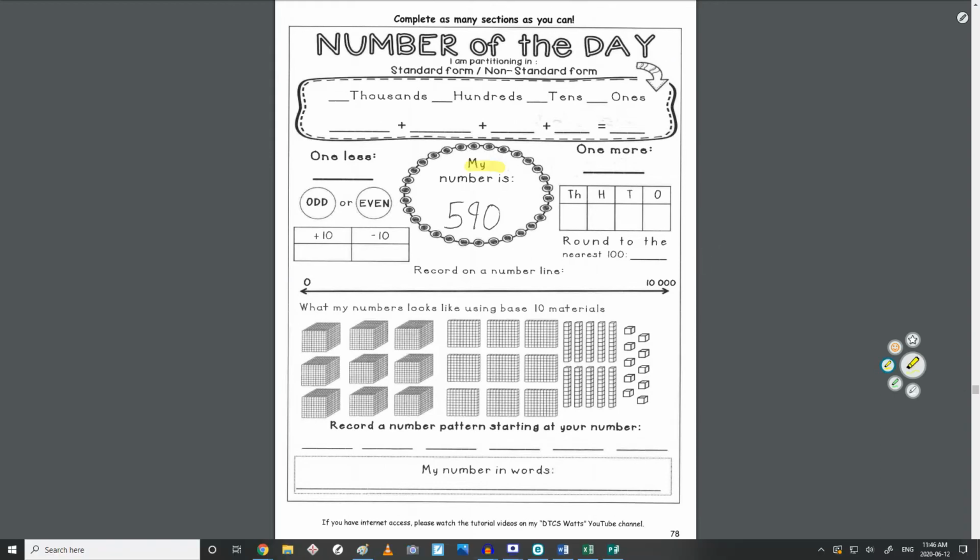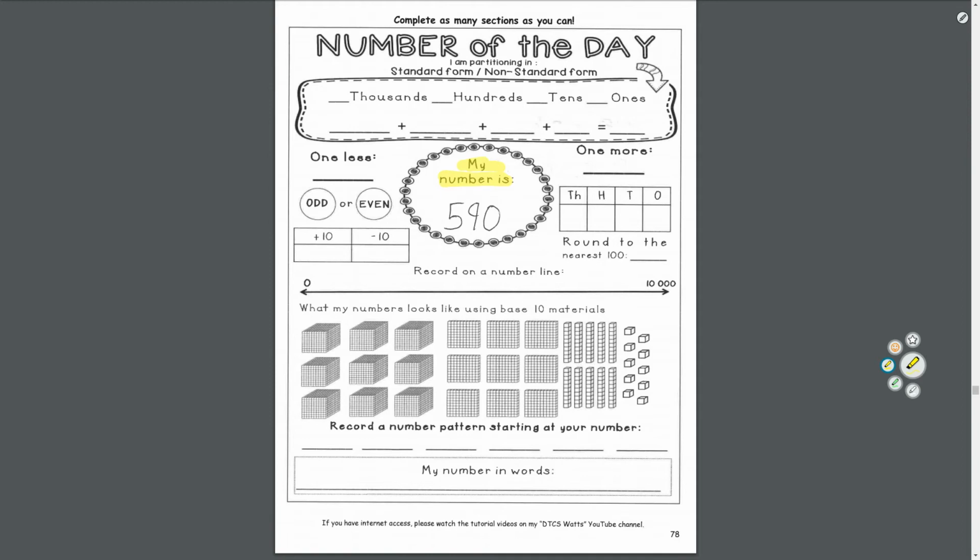Okay, my number is 590. Okay, up here, thousands place. We don't have a thousands place, so it's 0. 0 thousands equals 0. Hundreds place, that's 5. 5 hundreds equals 500, of course.